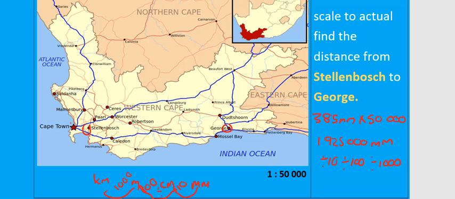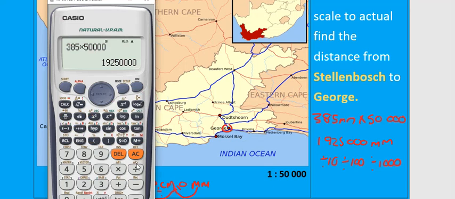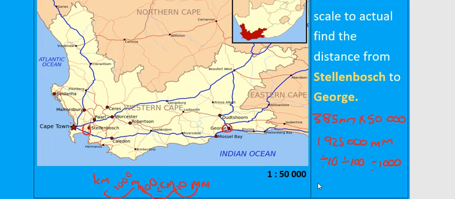So if we take that distance and we divide by 10, and then we divide by 100, and then we divide by 1,000, we find that our distance is 19,25 kilometers. Of course, this is just an example. That wouldn't be the real distance from Stellenbosch to George, just an example.